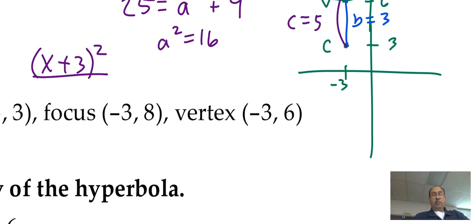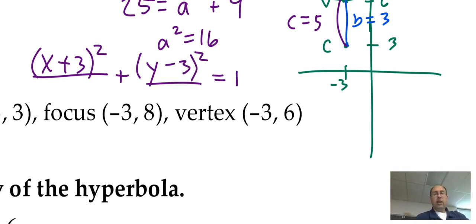Oh, you'll enjoy it someday. Let's see, (x plus 3) squared, and of course we got, better not put that in there unless I know for sure. Oh, I do know for sure, because it's opening up and down. Okay, we're cool. (y minus 3) squared equals 1. So A squared was 16, and B squared was 9, right? All right, so we got our equation.